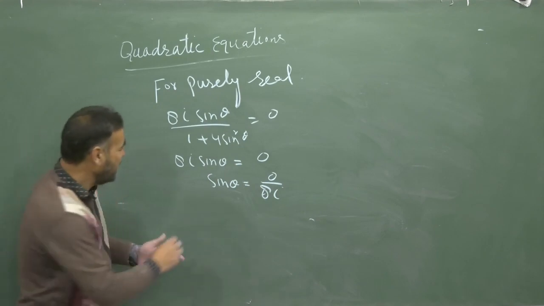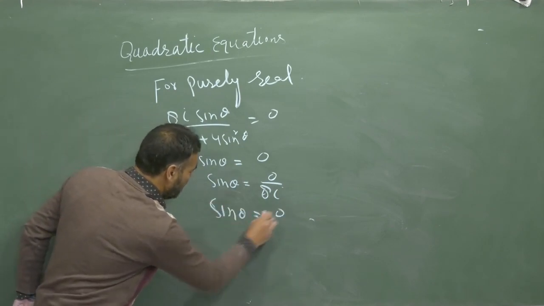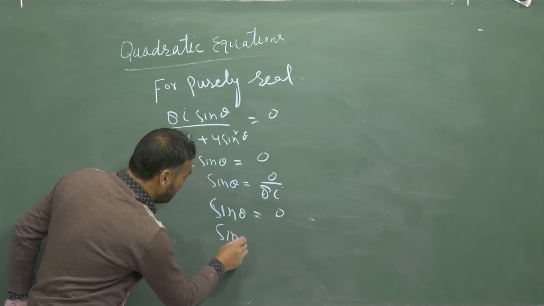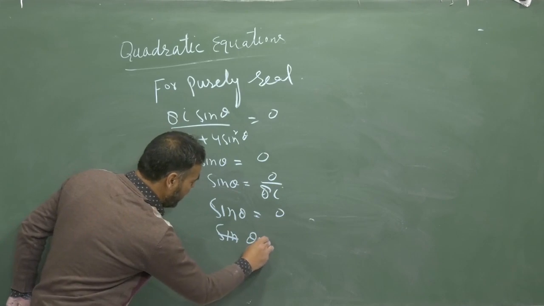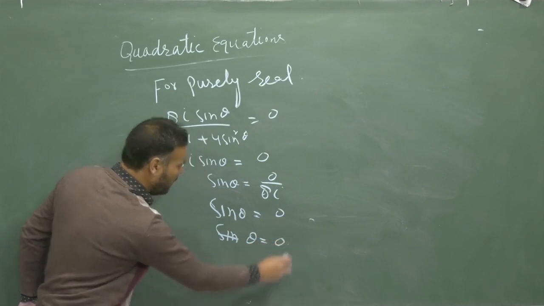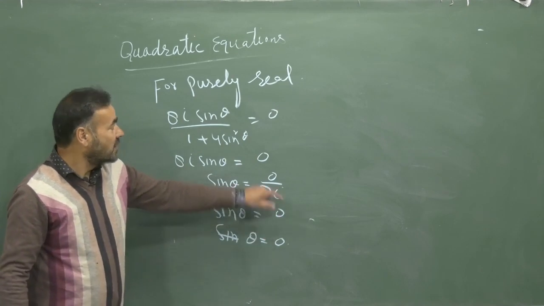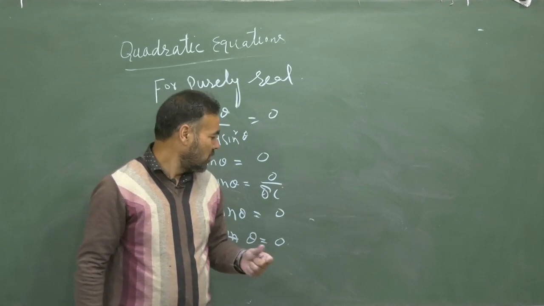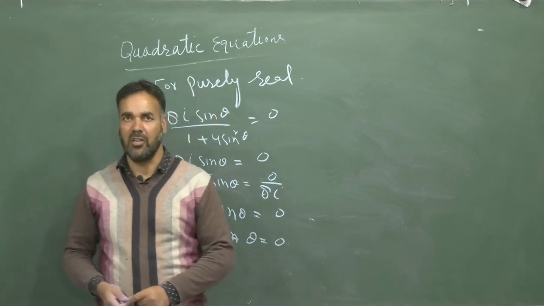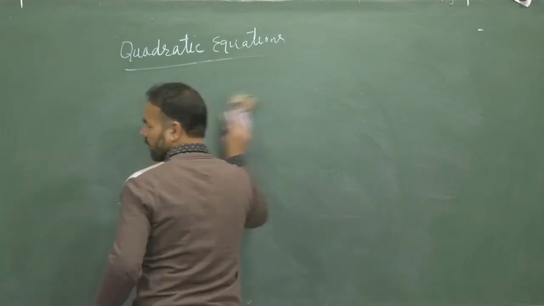So when sin theta is equal to 0, we can say theta is equal to 0, because sin 90 is equal to 1 and sin 0 is equal to 0. So the value of theta is equal to 0. When it is purely real, then theta is always equal to 0.